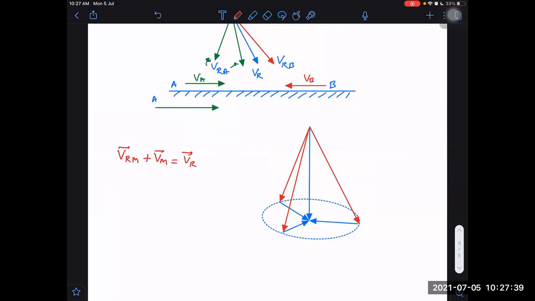So understand here, this vertical was velocity of rain, this is velocity of man A, this is velocity of man B, and this is velocity of man C, and this is velocity of rain with respect to A, this is velocity of rain with respect to C, and this is velocity of rain with respect to B.